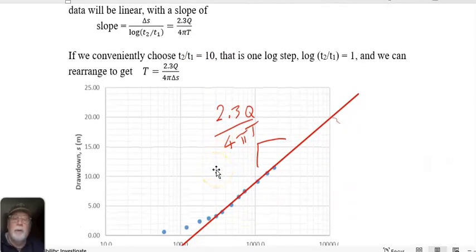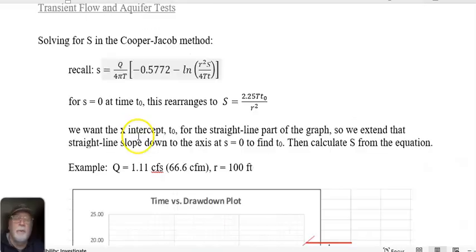So we can get that T equals 2.3 Q over 4 pi delta s, where delta s would be the change in the drawdown over one log step in time. So we have 1,000 up to 10,000, and then that's our delta s, little s, for drawdown.